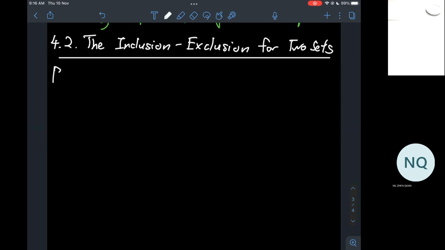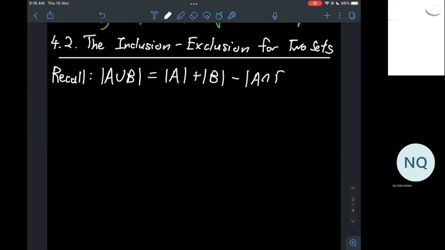We recall that when you compute the cardinality of A union B, you compute the cardinality of A first, then add B, and then take away the intersection. You take away the repeated stuff. So this is the subtraction rule, a generalization of counting the cardinality of a set.